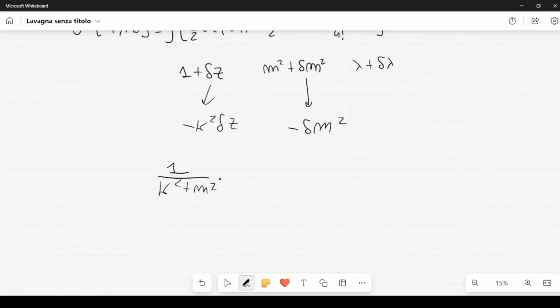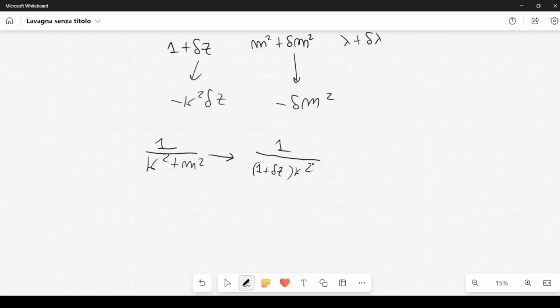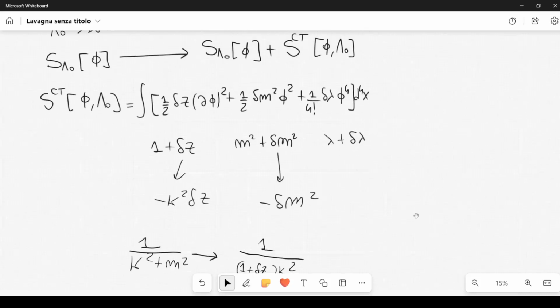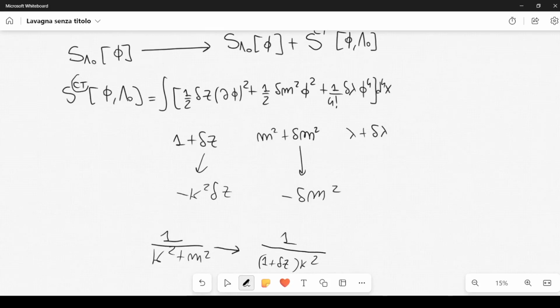But anyway, if we consider the terms delta z and delta m squared, this classical propagator will be something like this: 1 over 1 plus delta z times k squared, due to this contribution delta z. This 1 multiplied by k squared appeared because in the initial action, this is the action containing the counter terms, but in the action that we started from, which was S sub lambda 0 phi, we had this term without delta z, so we had 1/2 d phi squared.